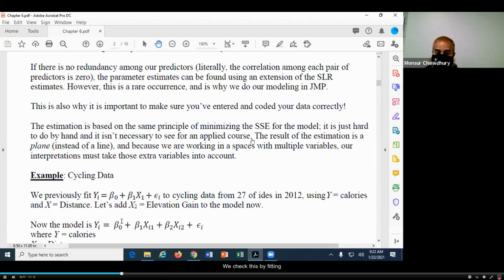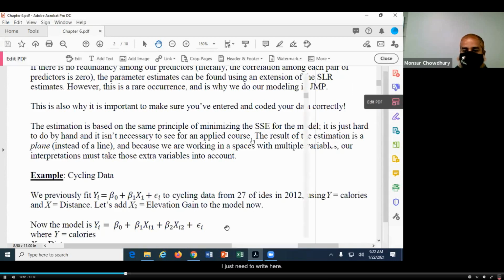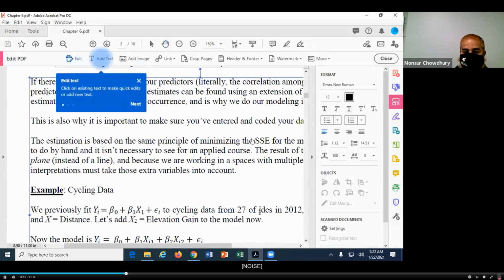So we checked this by fitting a simple linear regression model like this, yi equals beta 0 plus beta 1 x1 plus epsilon, for this cycling data of 27 rides in 2012, where y is the calories and x is the distance. Okay, and we also add x2, the elevation gain. So I just need to write here.